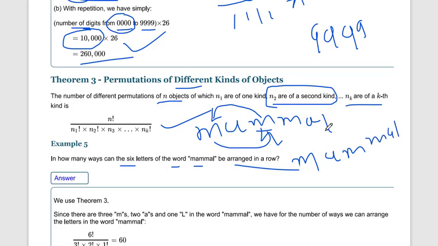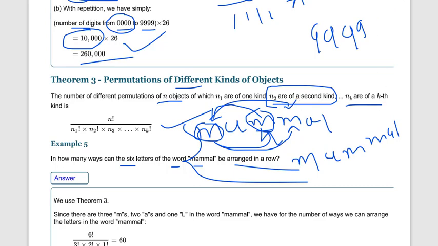You can see that they are both the same word, even though I shifted the positions. Why? Because both M's are the same, so if I interchange these two positions, the word remains the same. So both count as 1. Here also, if you interchange with this M.